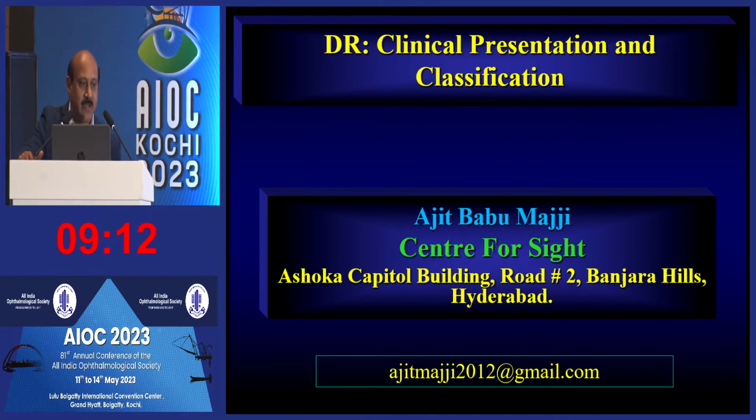Now I will go on to the diabetic retinopathy clinical features, because a lot of other diseases may mimic diabetic retinopathy, but we should understand what stage it is really, and what eye interventions, ophthalmic interventions, are needed. I will not touch upon the systemic interventions now, but the eye interventions which may be required.